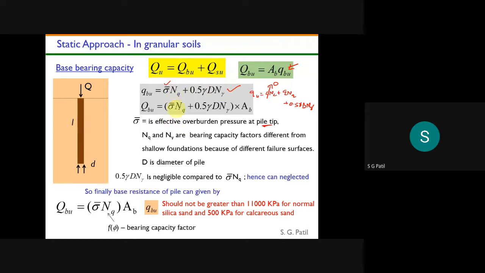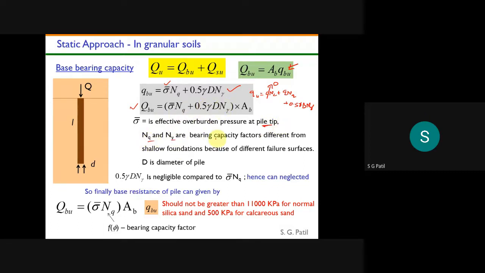Once you multiply this with the base area, then I will get the load. So this is the load intensity; if you multiply with the area, then I will get a load. So what is sigma bar here? Sigma bar is the effective overburden pressure at the pile tip. And what are Nq and N gamma?